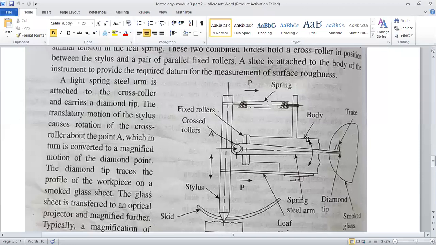That means when the cross roller rotates, it transmits the motion to the diamond tip or diamond point.